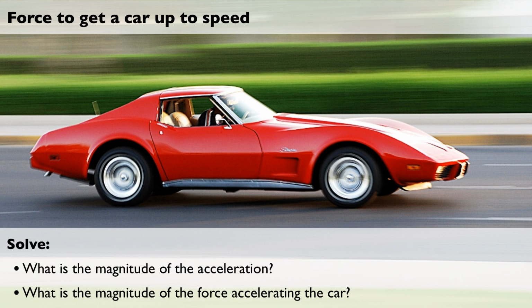To do it, we're first going to look at the magnitude of the acceleration. We know acceleration is just equal to delta v over delta t. And in the problem statement, we were told what delta v was. It's going from 0 to 27 meters per second, and it's doing it in a time of 4 seconds.